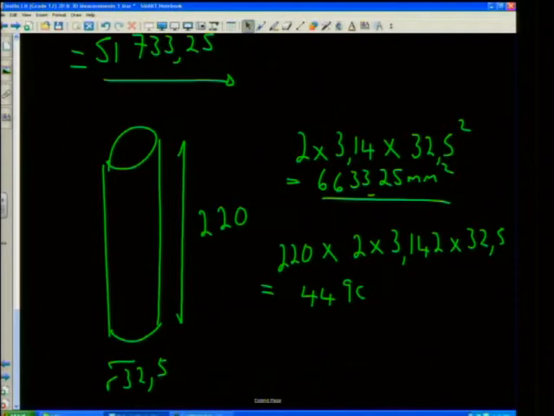So now folks, let's add the 2 up and see what we actually get.